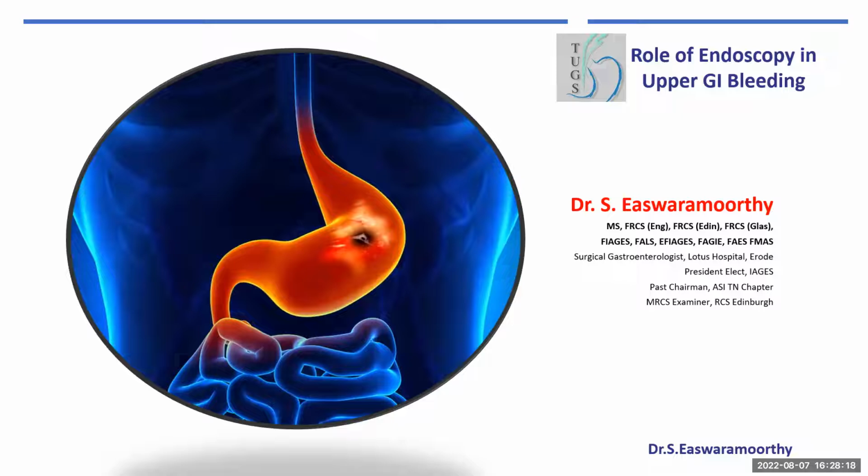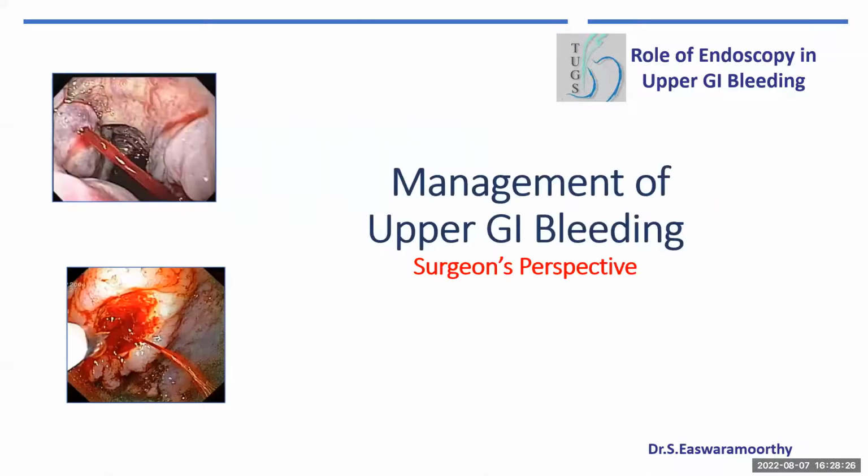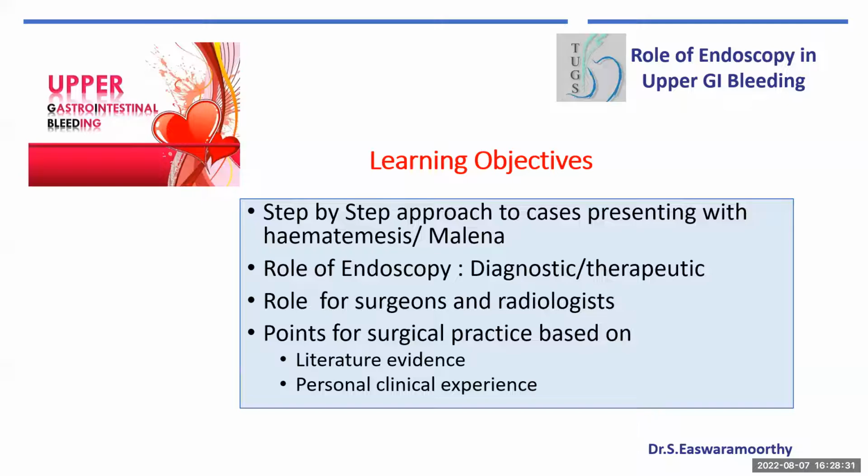Upper GI bleeding being a common emergency, let me say a few things from the surgeon's perspective and many aspects from the endoscopic perspective. Let us go on managing upper GI bleeding with the following learning objectives. I'm going to take 4 hypothetical cases wherein a patient presents with either hematemesis or melena, and see why I do an endoscopy, when I do an endoscopy, and where I can accomplish the treatment by therapeutic endoscopy.